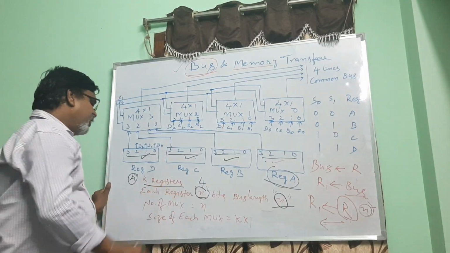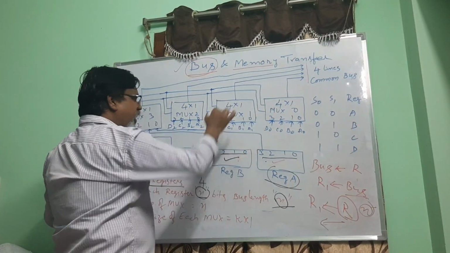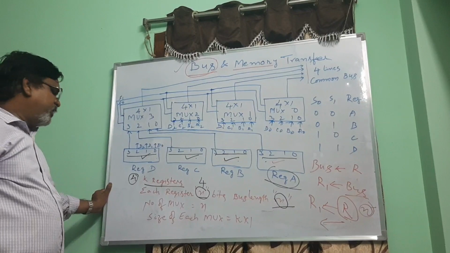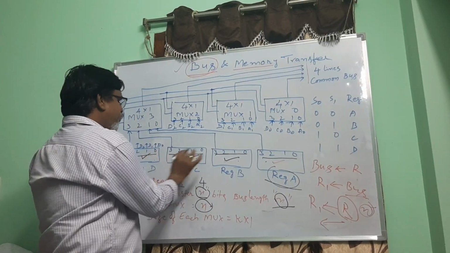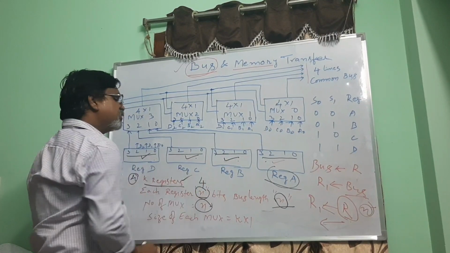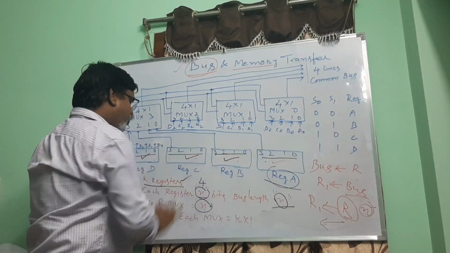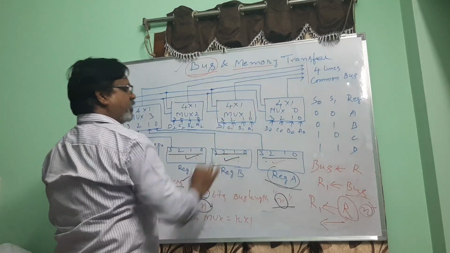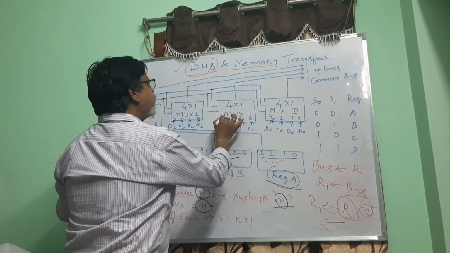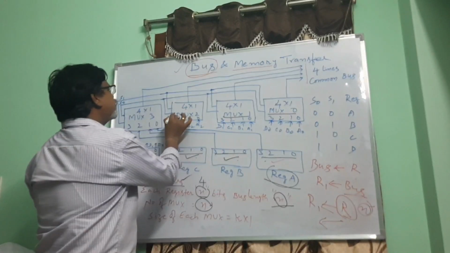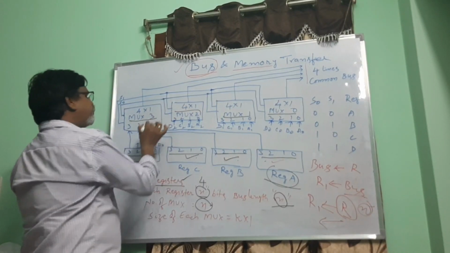Right. And the number of multiplexers required to transfer the data onto the bus is n. So here we have 4 registers, and each register length is 4 bits. We need 4 multiplexers: multiplexer 0, a 4 by 1 multiplexer, multiplexer 1, multiplexer 2, and multiplexer 3.